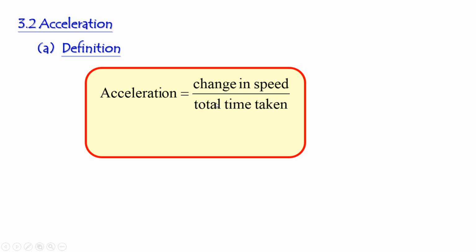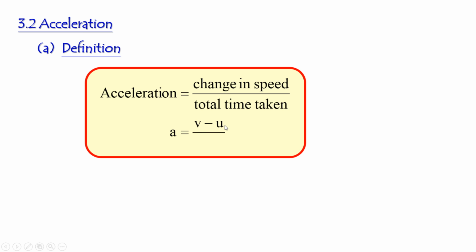Then, what are the symbols we use for the equation? For the acceleration, we use the symbol A. A means the acceleration, how fast the speed of an object changes. How about the change in speed? We use V to represent one of the speeds and U the other. Both represent the speed of the object.